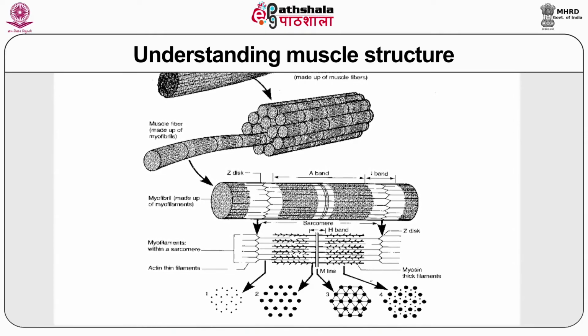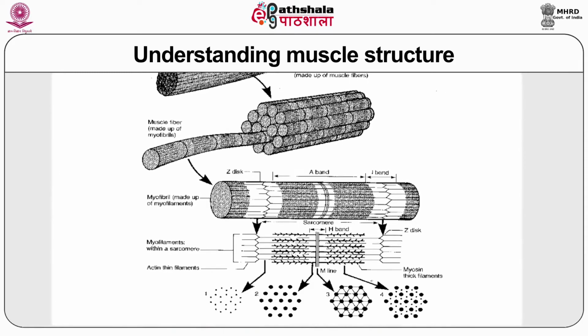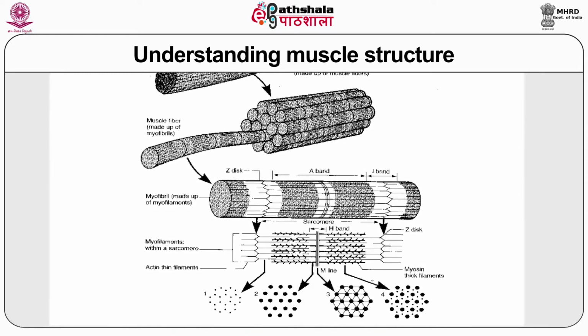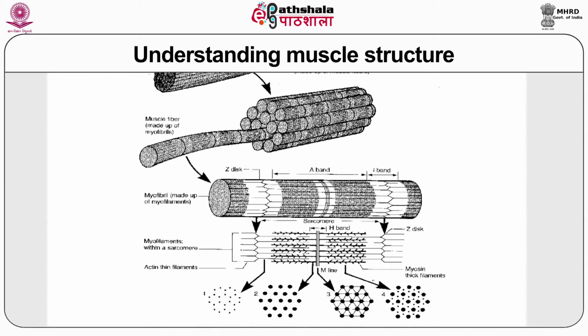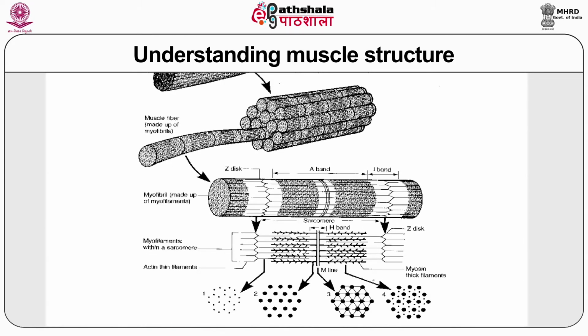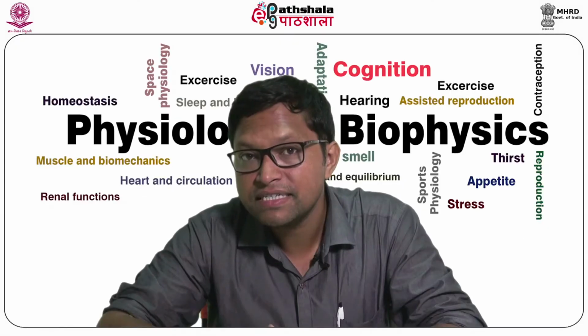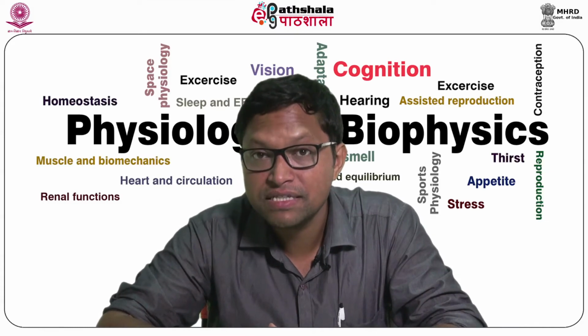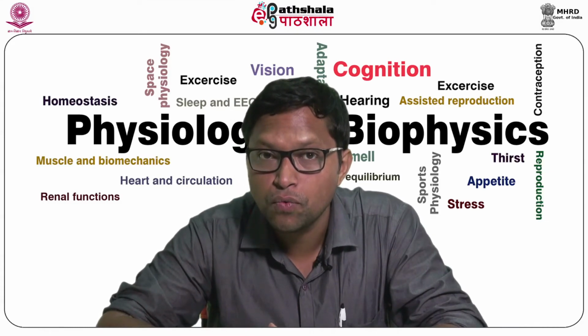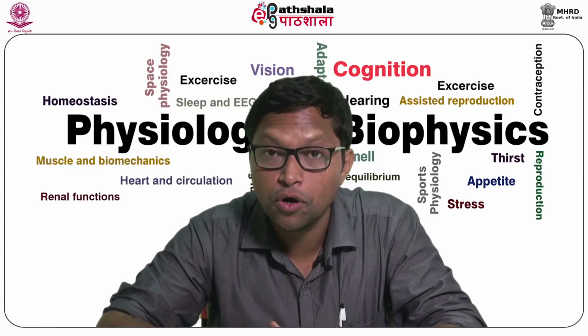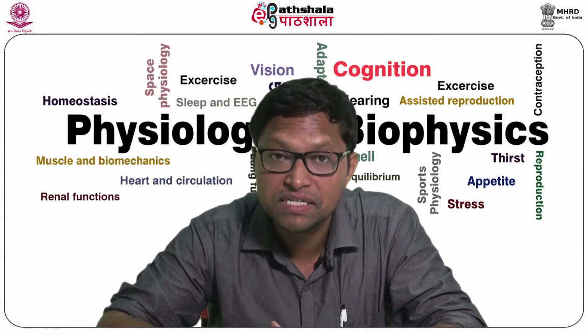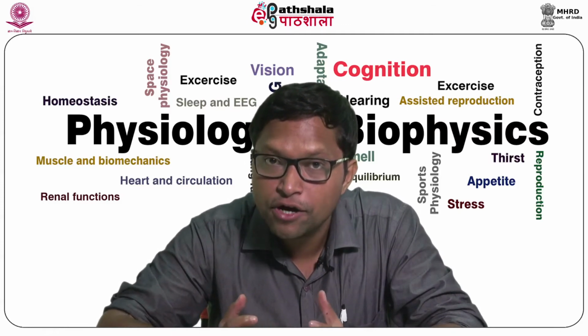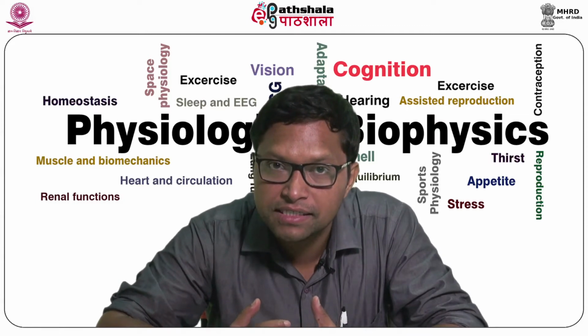Each myofibril consists of a thick filament called myosin and a thin filament called actin. It is the interaction between these two filaments which brings about the contraction of the muscle in a very coordinated manner.